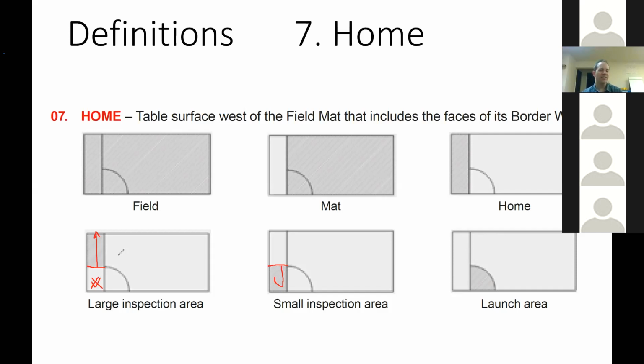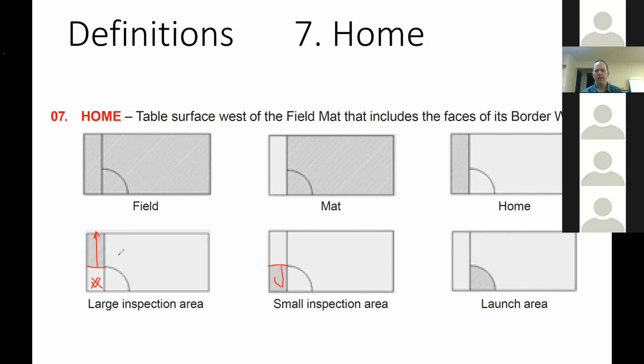So yeah, your two people at the table can be changing home around, redesigning home while your robot's doing its thing. Yes, and they can rearrange everything in home after they've been inspected, before the initial launch. So they've got time after they've been inspected to get everything the way they want it in home.